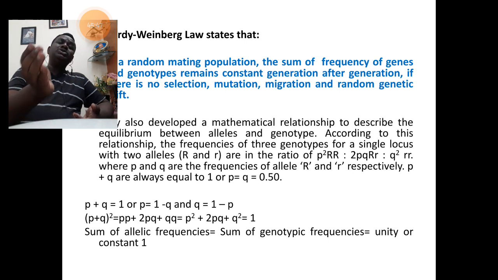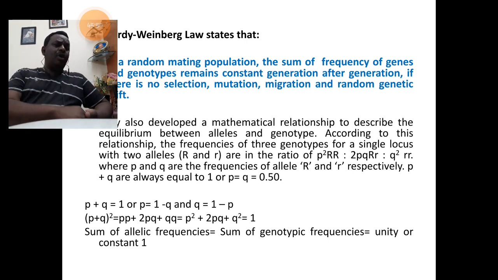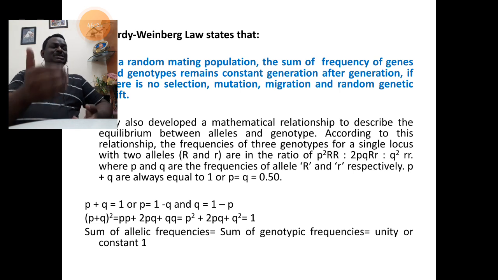The genotypic frequency of the same alleles, when we represent it, is PP plus 2PQ plus QQ. It represents the algebraic formula. It can be summed up as P square plus 2PQ plus Q square, which is possible when (P plus Q) whole square, the algebraic formula, when we expand, becomes P square plus 2PQ plus Q square.